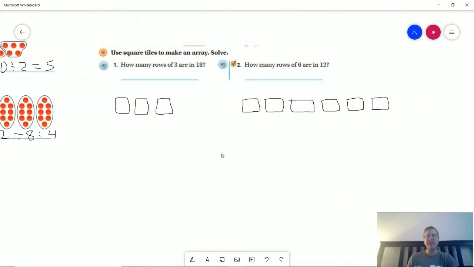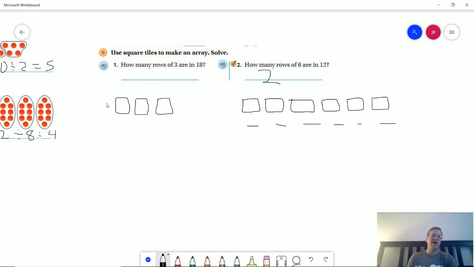The other way that we'll occasionally ask students to solve this would be to use their multiplication facts to help with this type of thing working with an array. So starting with this one, if I went ahead and drew my second row, that would give me 12 total counters.